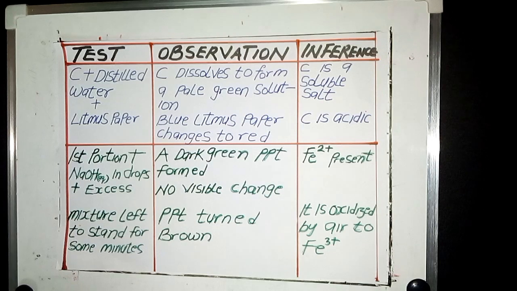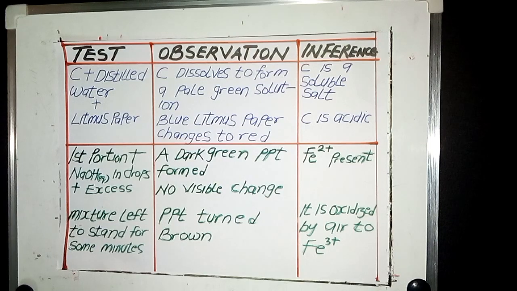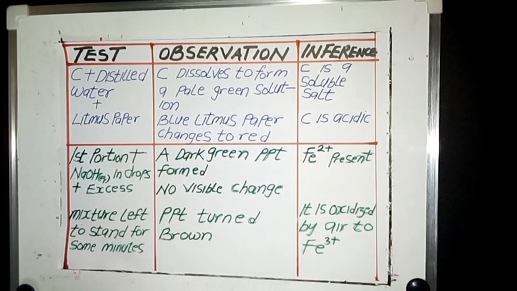So from the specimen I was given, the salt there was iron 2 chloride. So I've drawn up some questions surrounding that particular salt. What I did here, this C is representing the salt, right?